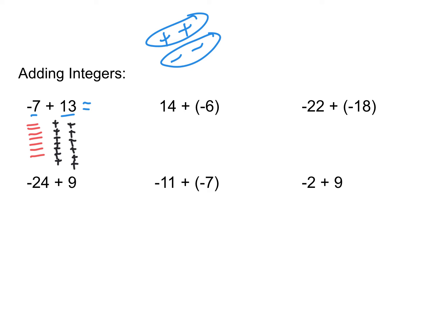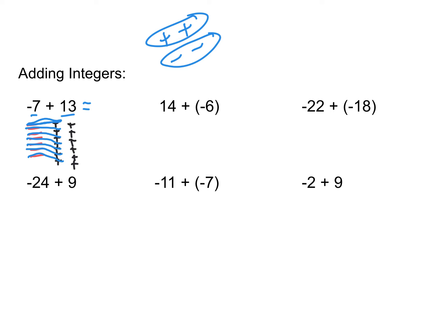So if I take my negative and positive and I pair them together, I'm kind of crossing them out, they make 0. Remember how if you have a negative number and a positive number and they're the same, they cancel each other out. So every time I have a negative and a positive that are the same, I call it a 0 pair. Or we can look and say these are the same amount of negatives and positives, and I'm crossing a pair out each time.